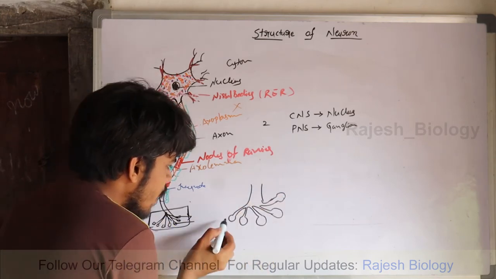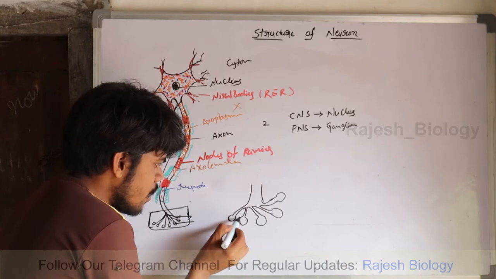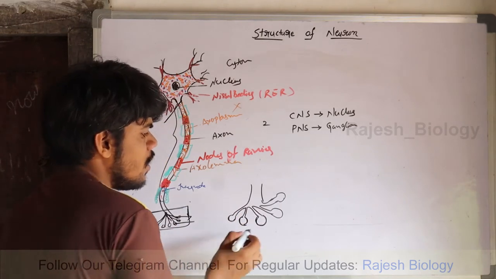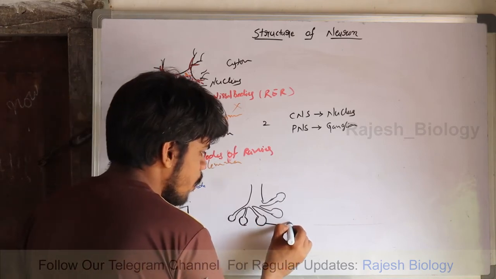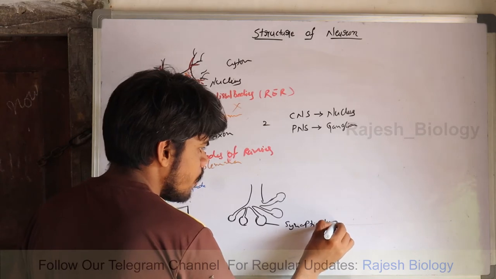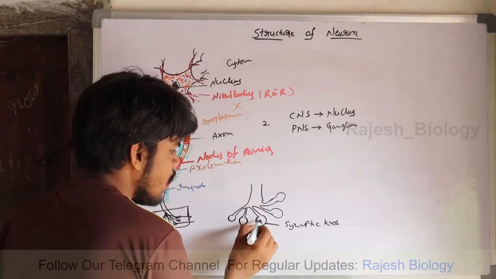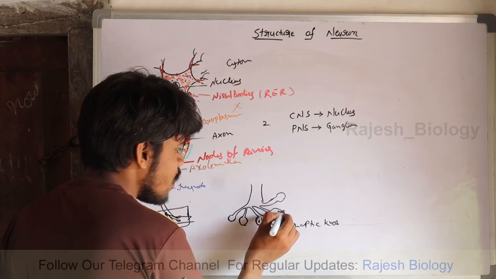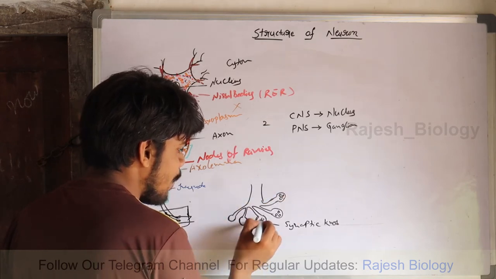At the end of the dendrite, there is a special bulb-like structure, and that bulb is known as a synaptic knob. In that bulb, there are so many vesicles, known as synaptic vesicles.